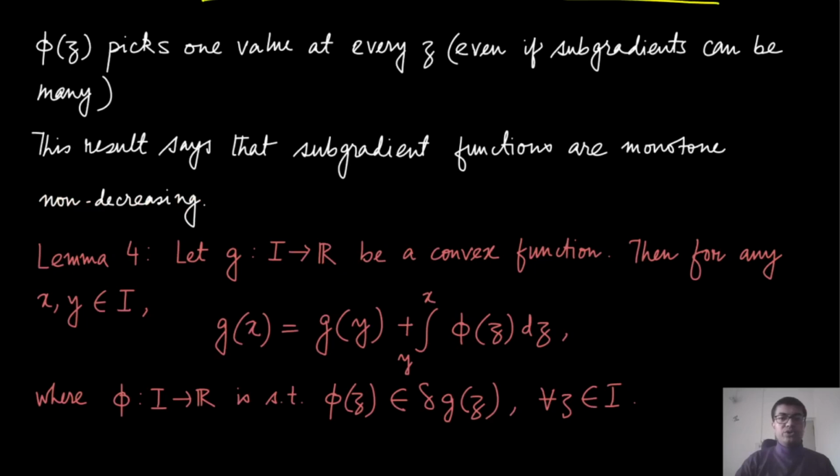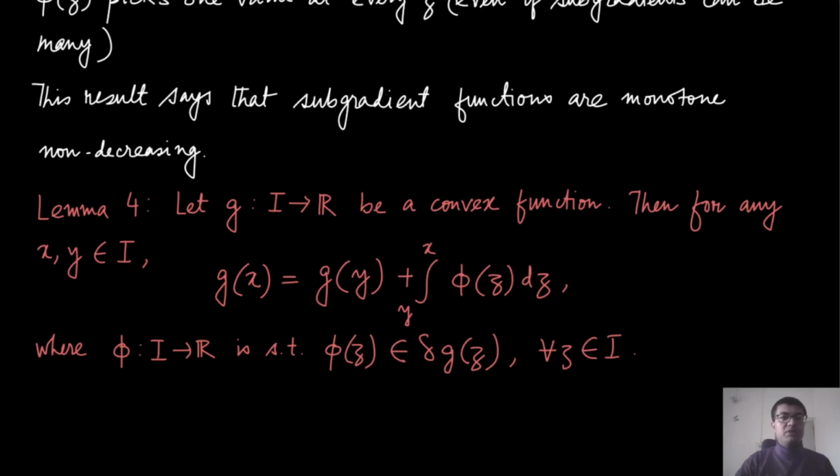And now we are going to discuss the last result in this short module of convex analysis. This gives you an integral formula. Whenever you are trying to find the value of the function at a certain point, this integral formula will be very useful.